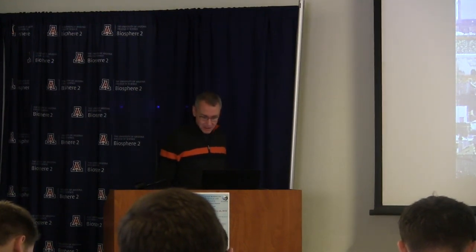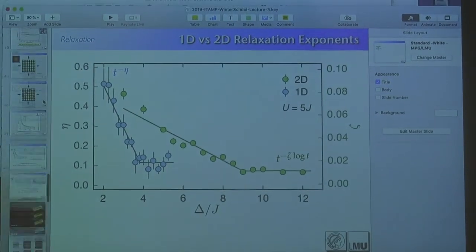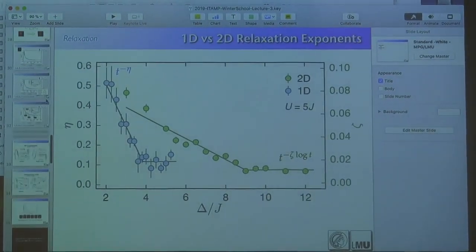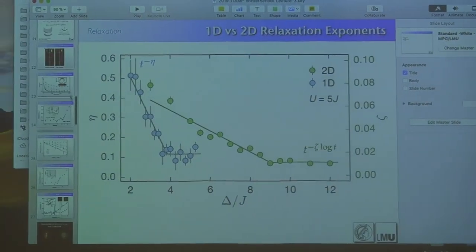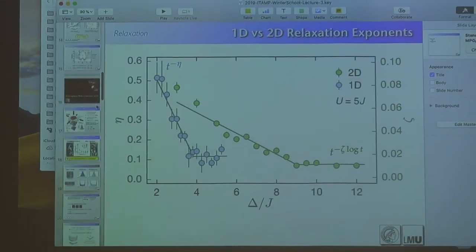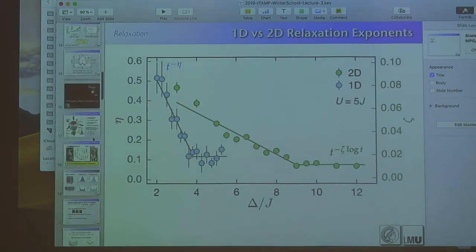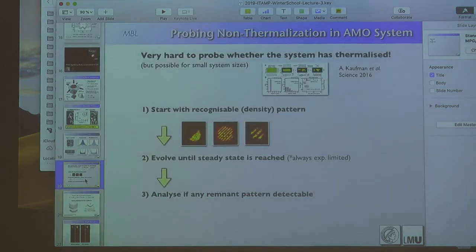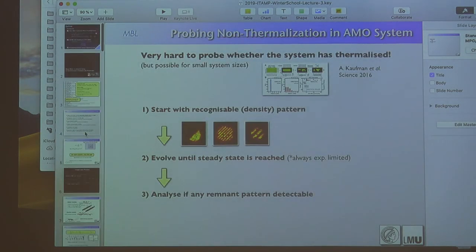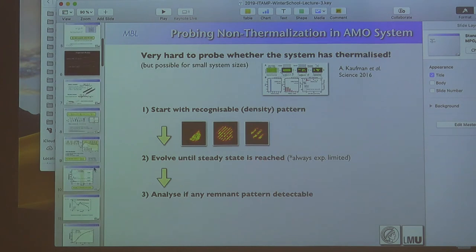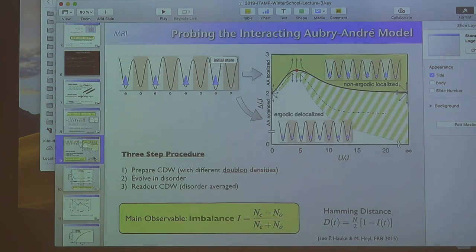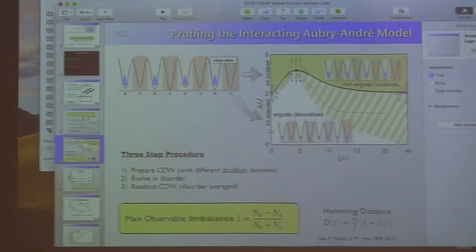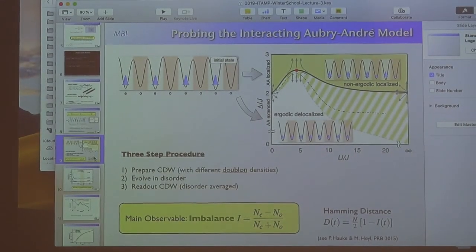This, in our case, can be related to the imbalance, as was shown in this paper by Markus Heyl, the reference. This imbalance is connected to the Hamming distance: basically, how many flips you need to make to go from one configuration to another.